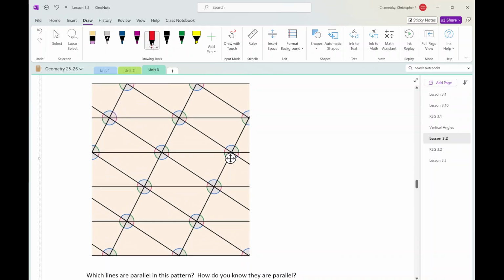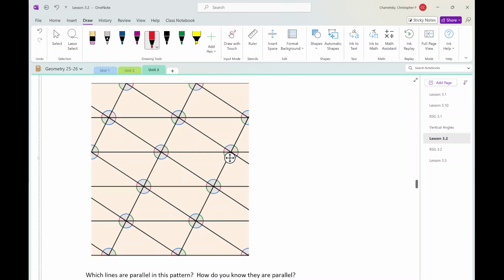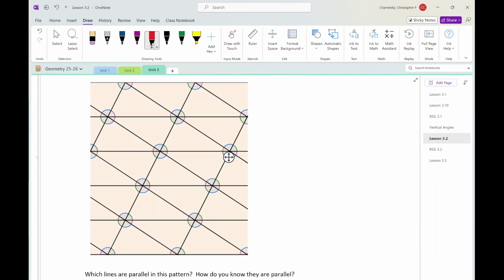And we start to see some repeating patterns with our angles. Okay? And we know that all of our lines that we can see here are parallel because they are the result of 180 degree rotations. So these are parallel lines.